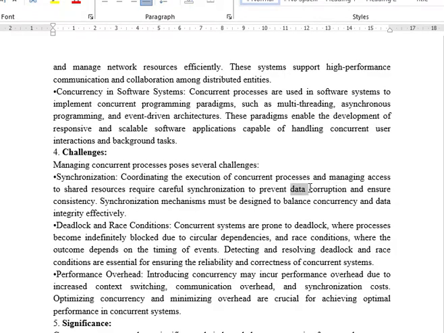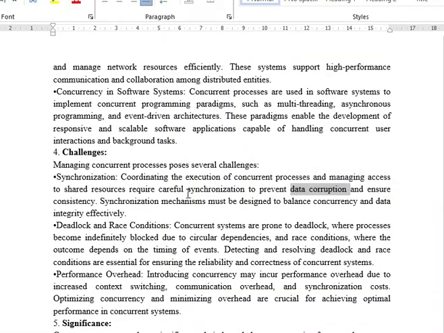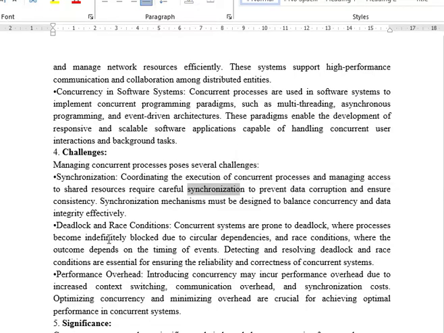So we have to prevent this data corruption, and be very careful when we are using synchronization. What is synchronization? Multiple tasks will be synchronized at the same time. If multiple tasks are synchronized at the same time, data corruption may occur. So we have to prevent this data corruption and ensure the concurrency. What is the concurrency? For the correct results.